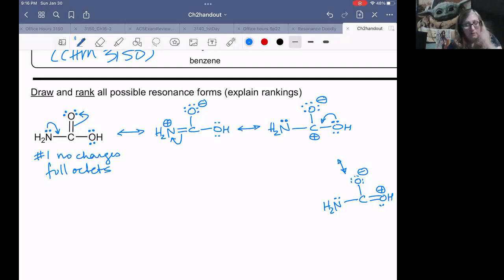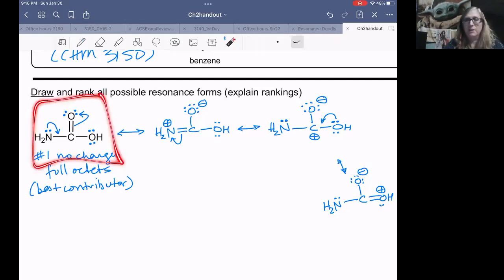That's the best contributing resonance structure, the biggest contributor. In other words, the hybrid looks mostly like this, but it has a little bit of the character of these others as well.